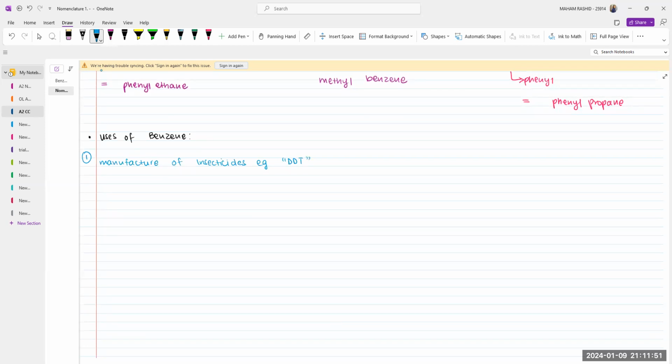Example DDT. I'm making the structures, but they're not part of the exam. Okay, you just need to learn the major uses, like for example, manufacture of insecticides, right? These structures are not to be learned.